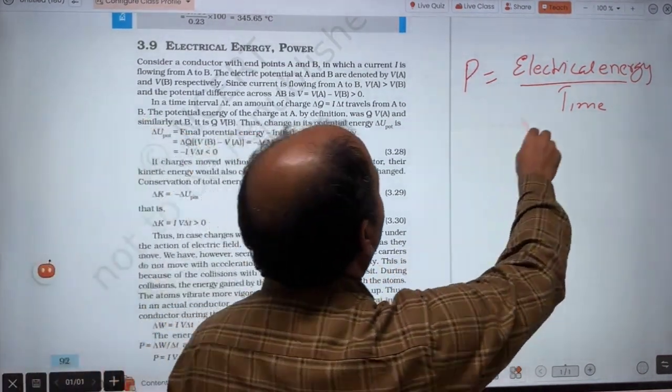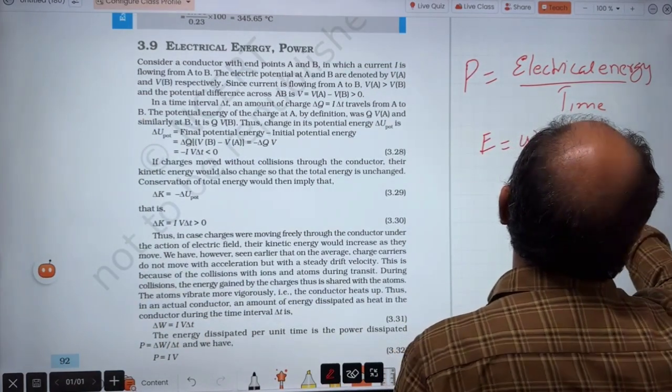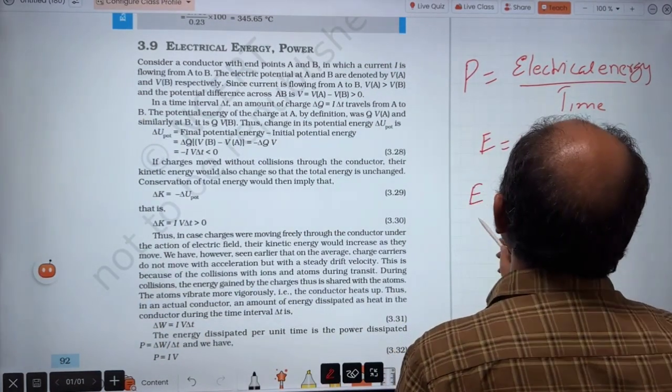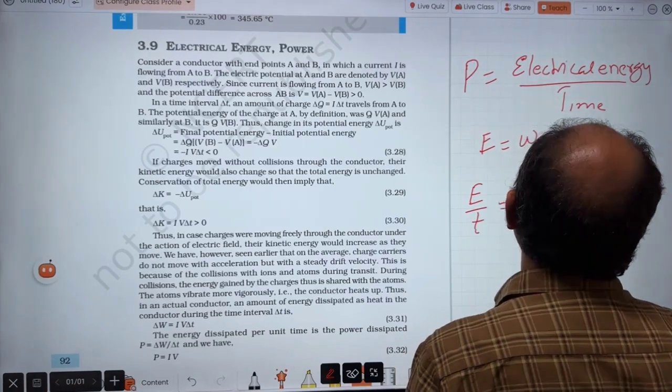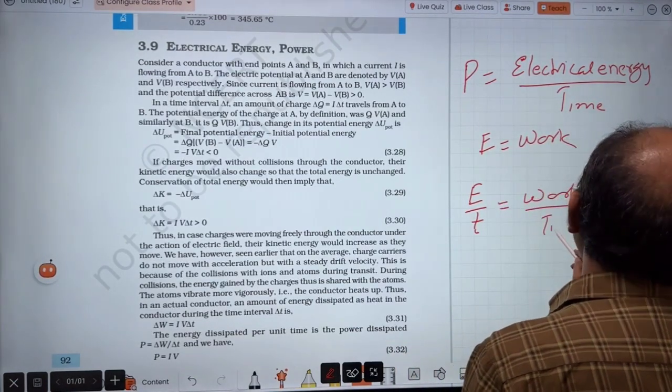So energy is equal to work, and energy upon time is power, so work upon time.